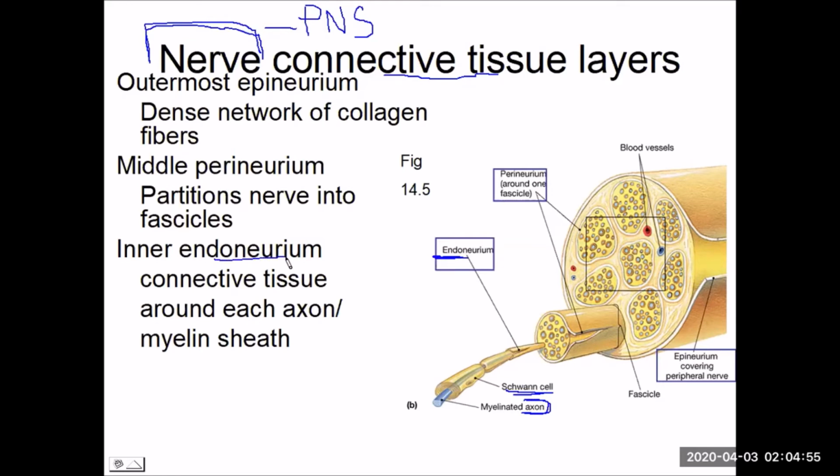So it wraps around each myelin sheath. We have several of these wrapped axons bundled together, and the unit is called a fascicle. Now one fascicle is wrapped in perineurium.